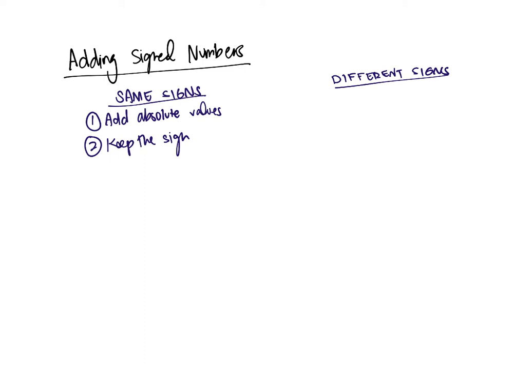When adding numbers with different signs, we're instead going to be subtracting the absolute values. And then for this sign, we're going to keep the sign of the larger absolute value.